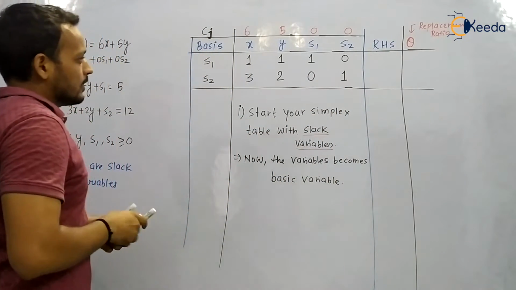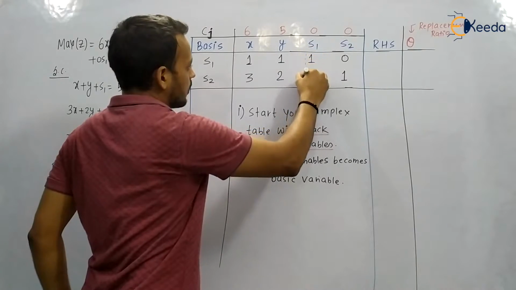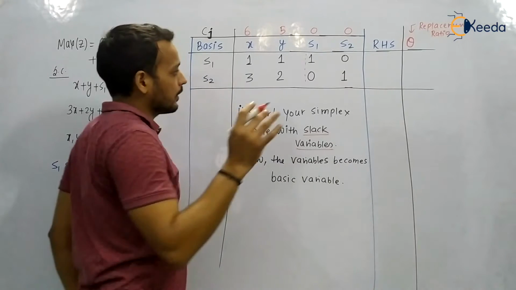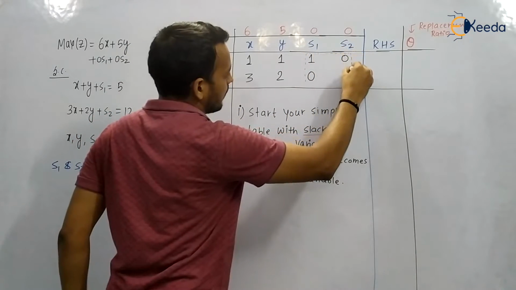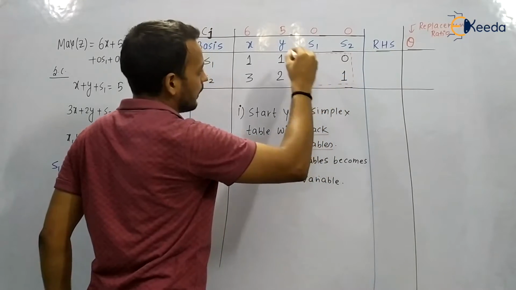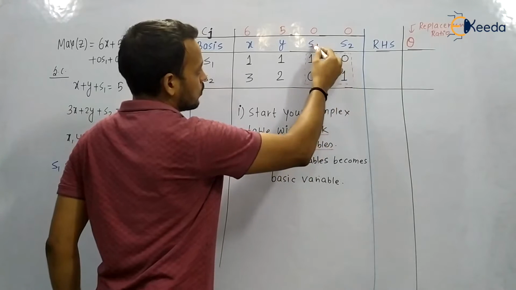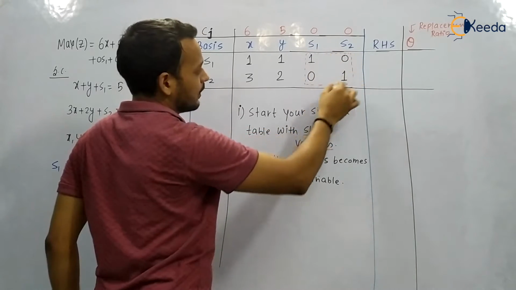You can see that these slack variables have been written here, so these are the basic variables. These slack variables will always make an identity matrix within the simplex table. You can see 1 0, 0 1 for s1 and s2. They are going to make the identity matrix.